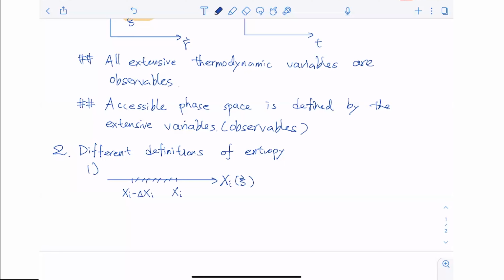Then we consider those configurations as the accessible phase space volume, and we take the natural log of it times kB T. Then we get the entropy.